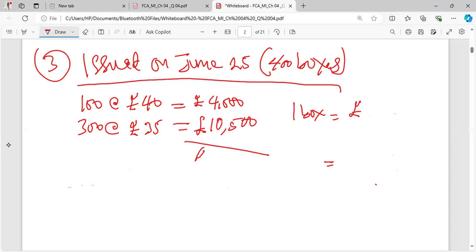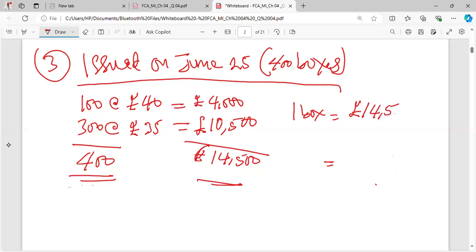So this will give us 14,500. This will give us 400. So 14,500 all over 400.